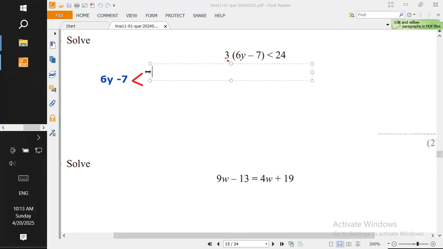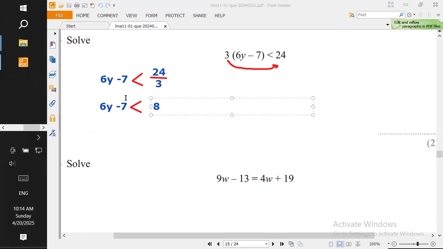Focus on the steps and write all the steps that you did. Now, 6y minus 7, inequality sign. 24 divided 3 equals, very good, 8.